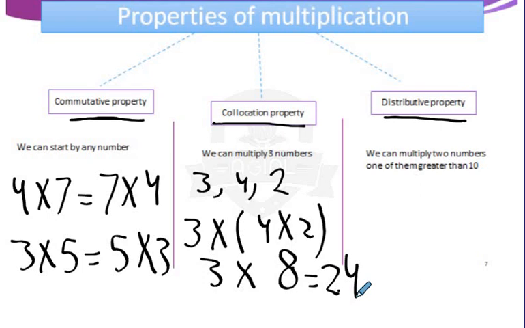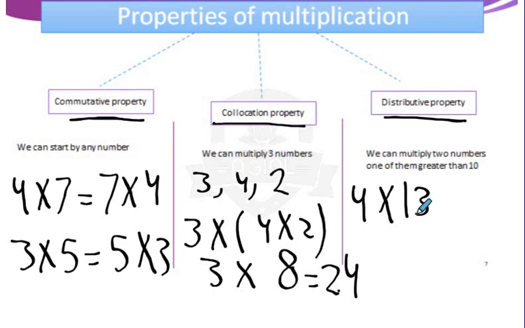Number 3, distributive property. We use distributive property when we want to multiply 2 numbers, one of them greater than 10. Like what? If we want to multiply 4 multiply 13. Master, we keep timetable 4, but up to 4 multiply 10 equals 40. But 4 multiply 13 equals what? So in here we use distributive property.